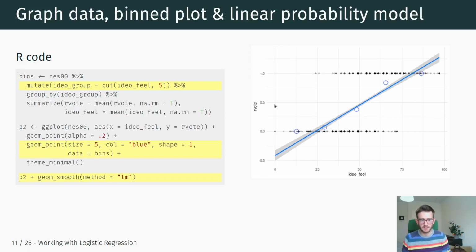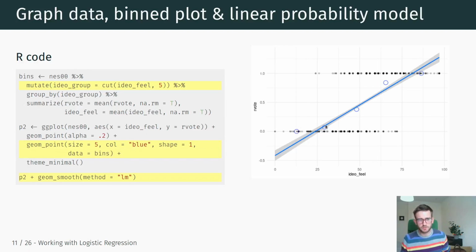Up here we have the raw observations, respondents who voted for the Republican candidate, George W. Bush. We have all the zeros down here. We have the different values in our feeling thermometer from 0 to 100. And we see there's a clear relationship between identifying as more conservative or more liberal and voting for the Republican candidate or the Democratic candidate.